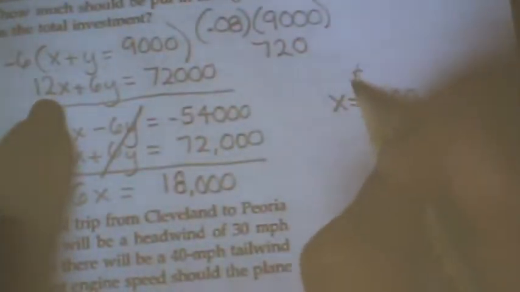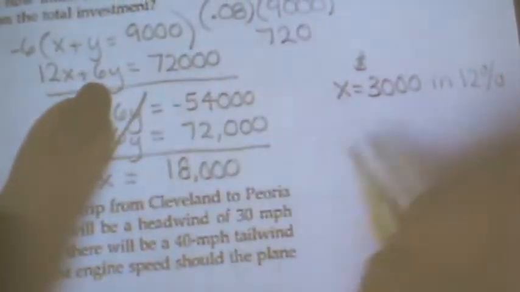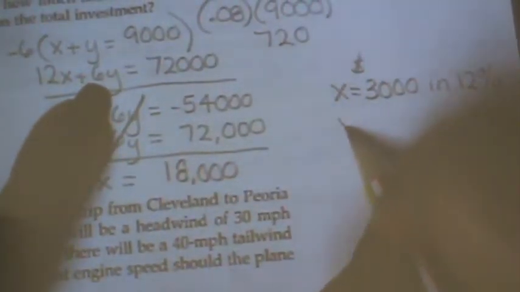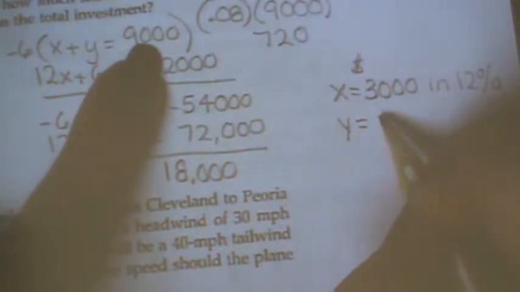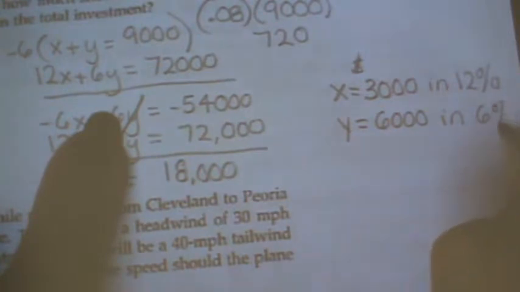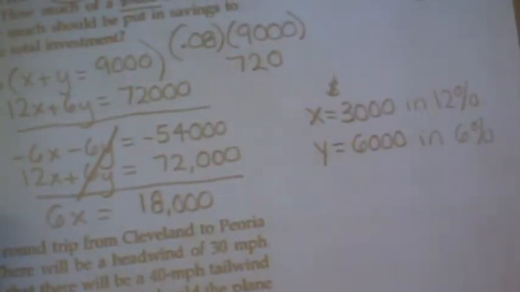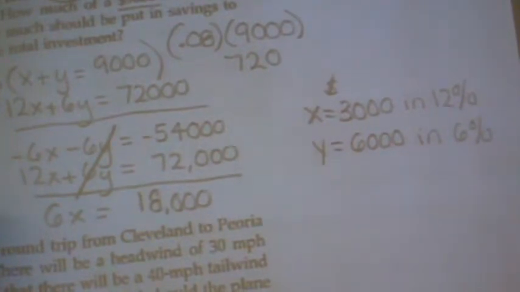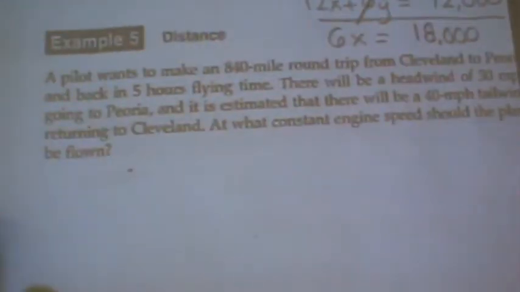So what is left for the 6% account? How much are you going to put? What's left? 6,000. 6,000 will go in the 6% account. That's just a simple system of equations problem. Okay, this next one is a little bit more difficult.